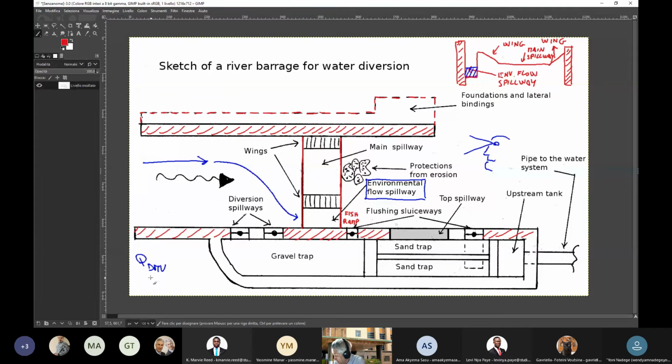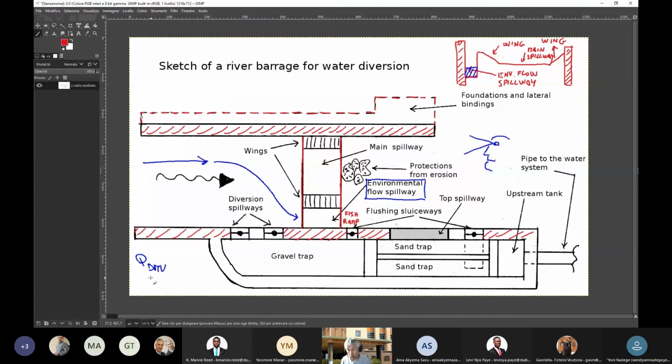Perfect. Now, let's look at the main spillway. The main spillway is elevated. And what is the purpose of the main spillway? The purpose is to allow the peak flow to go through the barrage. So the main spillway is used only by the high flows.